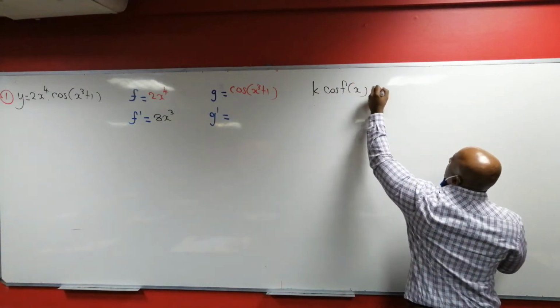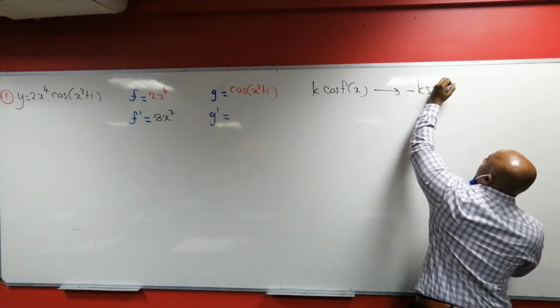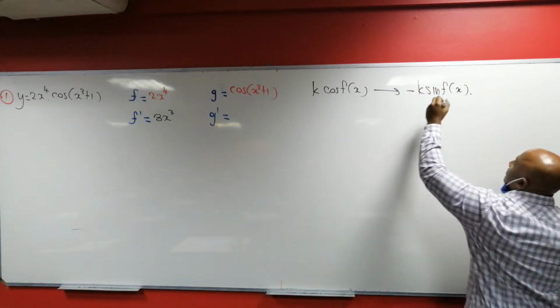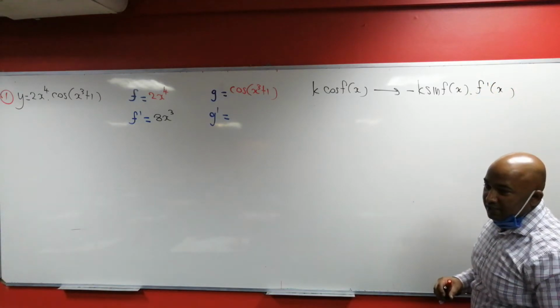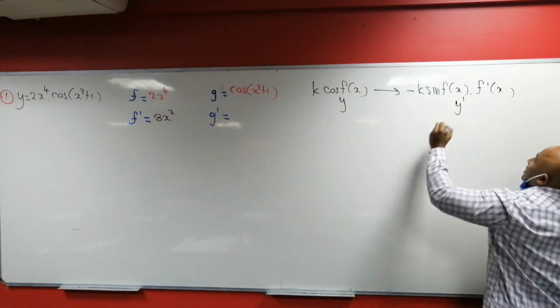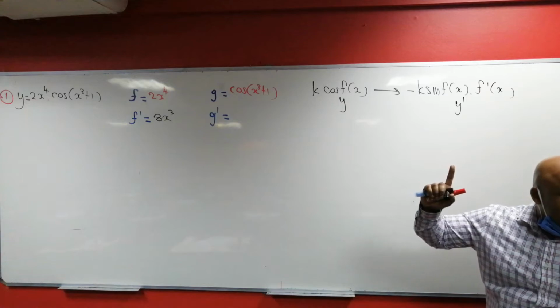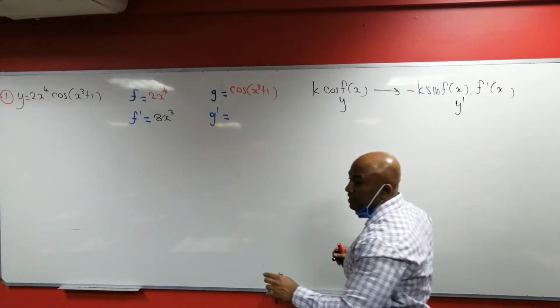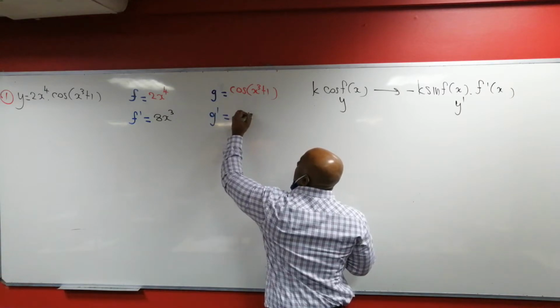So when you differentiate it, it's going to be minus k sine f of x times the derivative of f of x, which is f prime x. So this is going back to lesson number 1, our table of derivatives. So the derivative of cos is going to be minus sine.